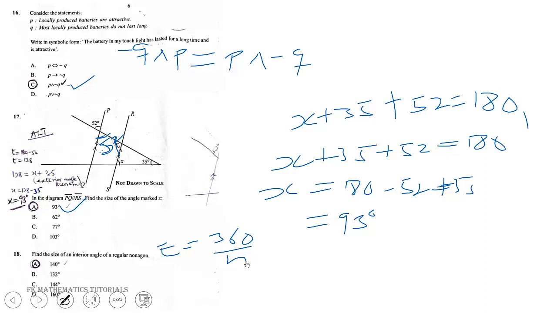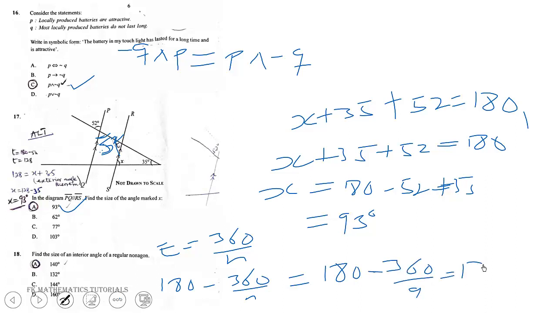So 180 minus 360 over n will give us the size of an interior angle of a regular nonagon. So 180 minus 360 over 9, which is 180 minus 40 is equal to 140 degrees. So the correct answer is A.